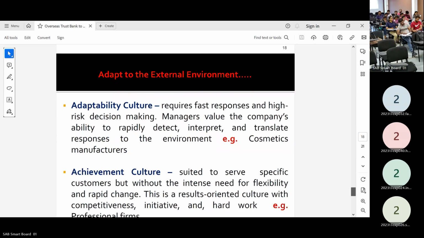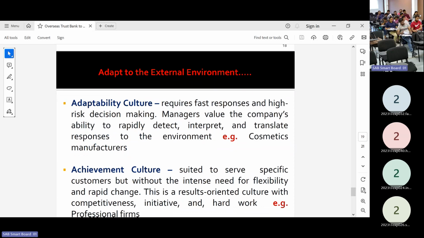To use the adaptable culture strategy, the firm requires fast responses and high-risk decision making. Here managers value the company's ability to rapidly detect, interpret and translate responses to the environment. As an example, cosmetic manufacturing companies, like many Swedish companies and others, have to do this.